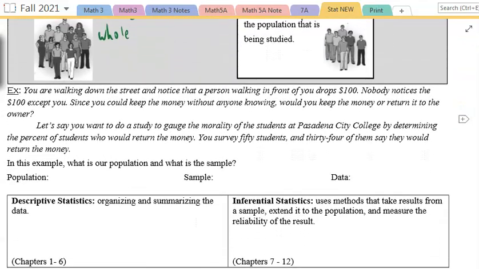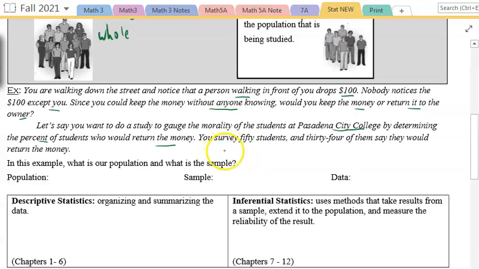Example, you are walking down the street and notice that a person walking in front of you drops $100. Nobody notices the $100 except you. Since you could keep the money without anyone knowing, would you keep the money or would you return it to the owner? Let's say you want to do a study to gauge the morality of students at PCC by determining the percentage of students who would return the money, right?